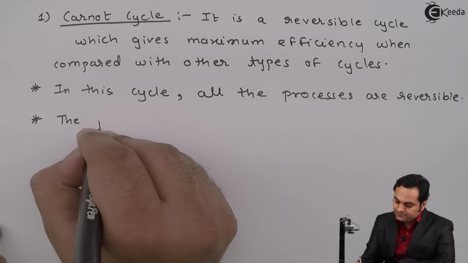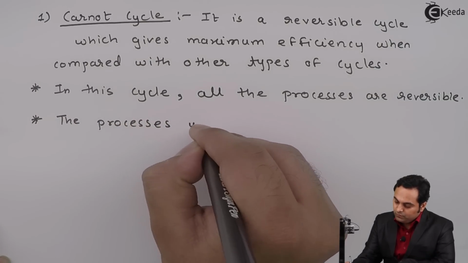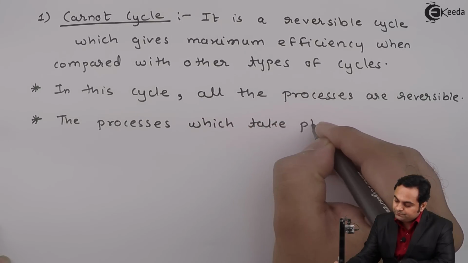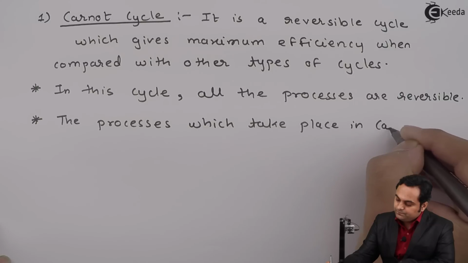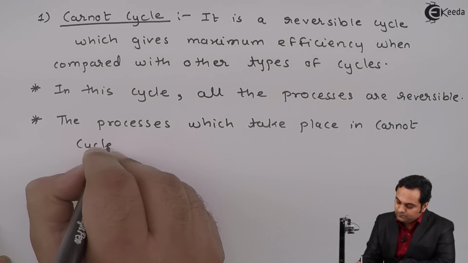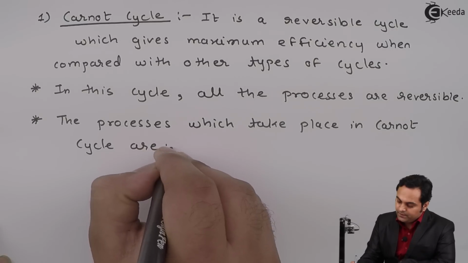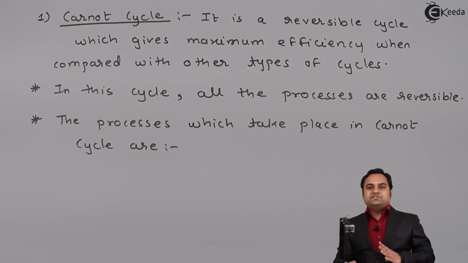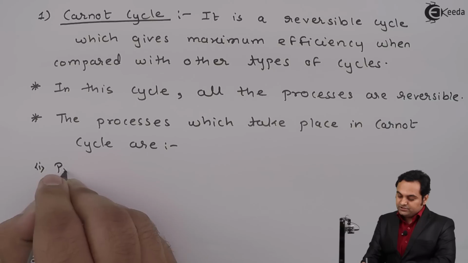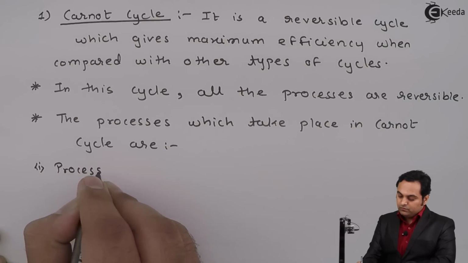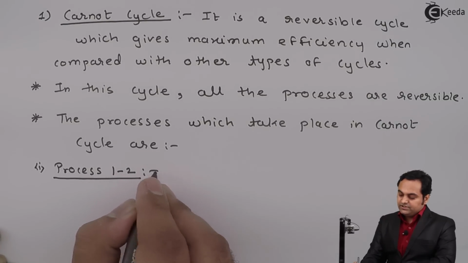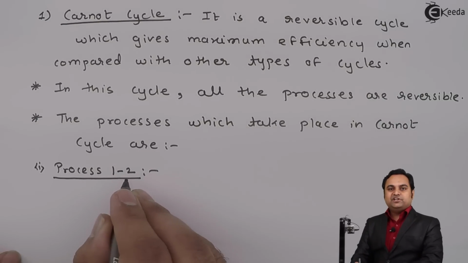The processes which take place in Carnot cycle are, there are basically 4 processes. So starting with the first one, process 1 to 2, that is it will go from state 1 to state 2.